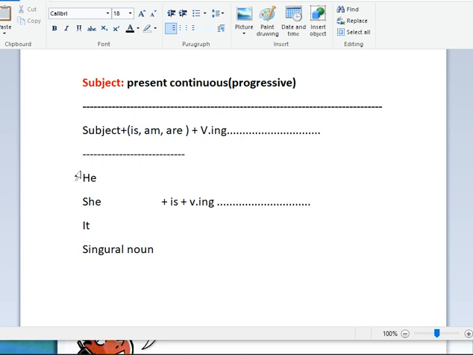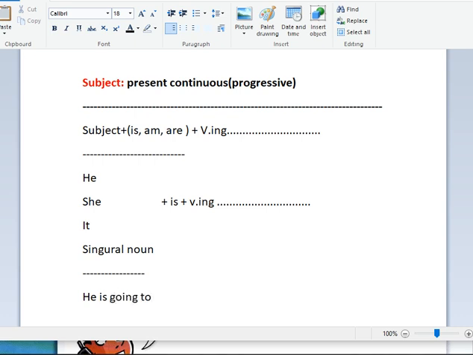And you cannot say, for example, he, then directly use verb ing. You have to write the subject, then add one of these, and then add your ing. Let's see some examples. For example, he is going.